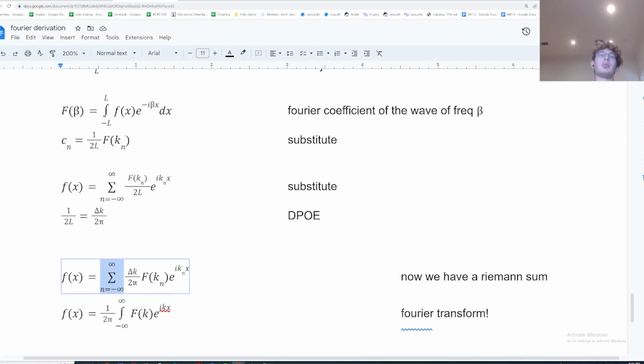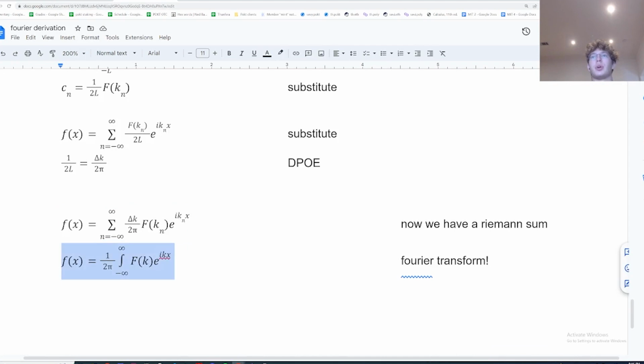And so every little increment of x along the x-axis is a new frequency, which is what delta k is. So we can convert this into an integral, and boom, we have the Fourier transform.